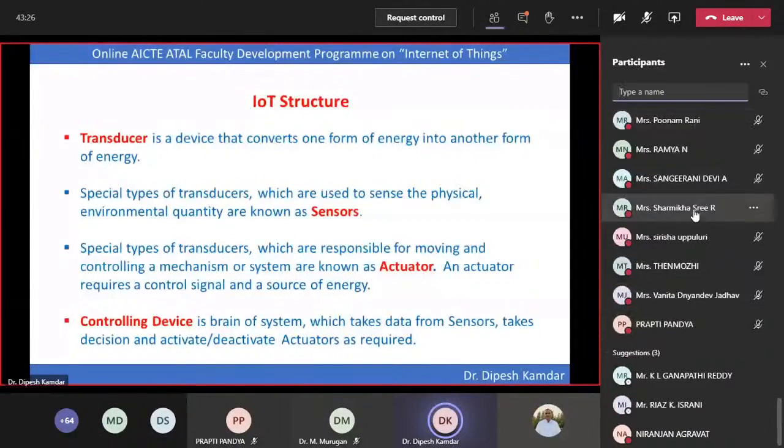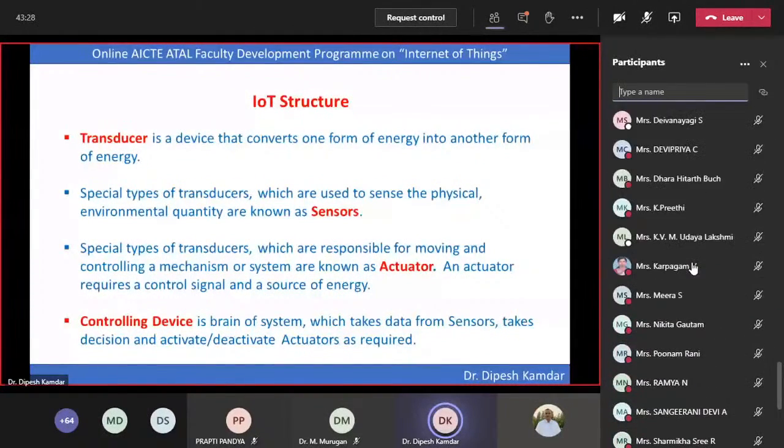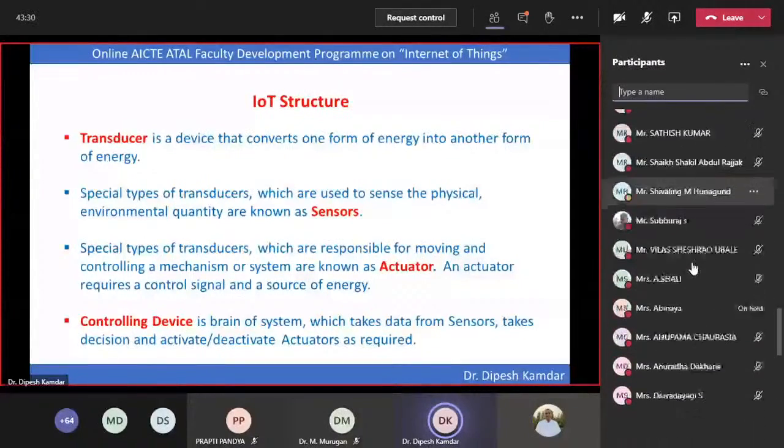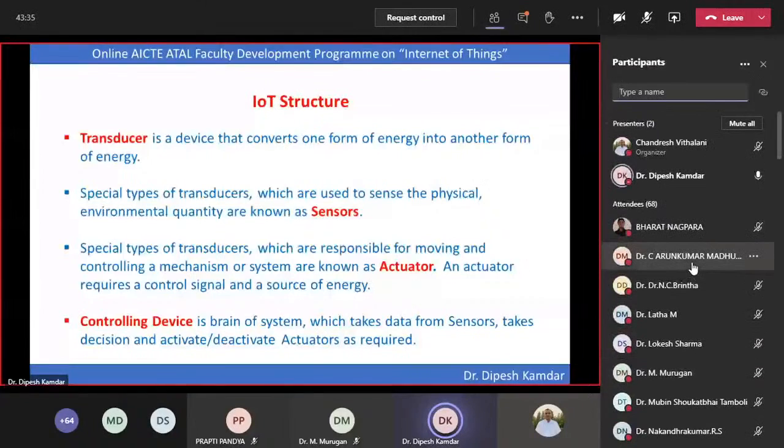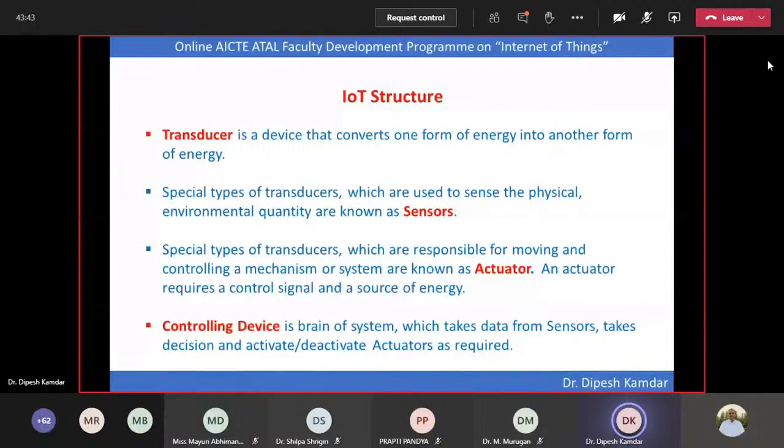These sensors may sense temperature, humidity, pressure, light intensities, plenty of things. Whatever the environmental data is, you can sense physical quantities like weight.